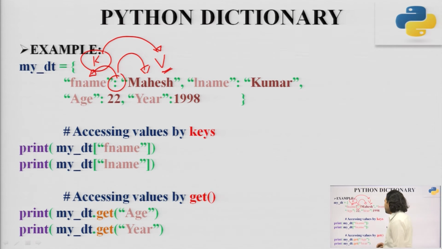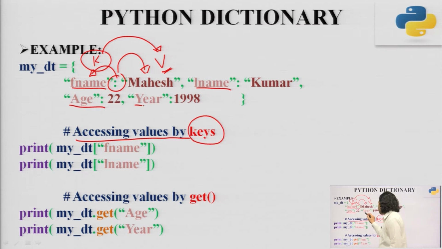Here the very first method is accessing the values by keys, that means by either f name, L name, age or year. So, let us see how we are going to do it. In the previous slide, I explained this type of statement as subscription.